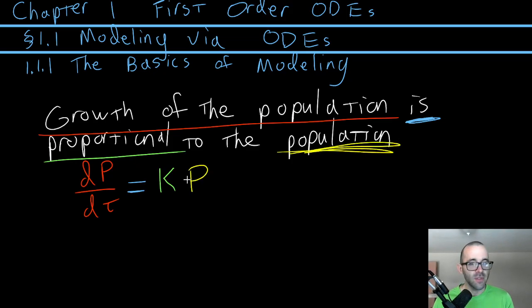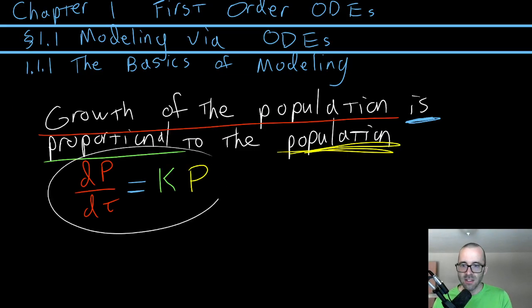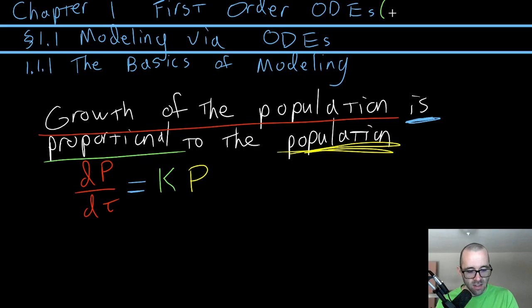The population is P. So we started off with a fairly straightforward sentence. The growth of the population is proportional to the population itself. And we just translated that into math. That's a differential equation. And specifically, it's an ordinary differential equation.